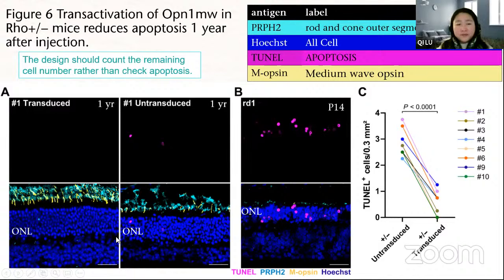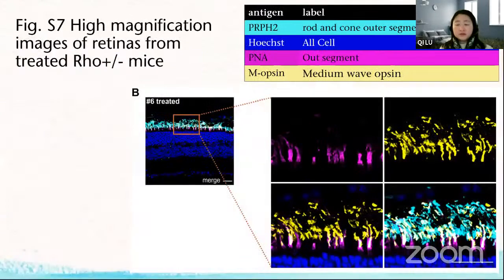Because they do the injection at P14, I think maybe 2 weeks or 1 month after injection would be better to examine the apoptosis condition. 1 year old is really too long, because by then those dying cells have already died. They cannot be stained by TUNEL. Everything is being removed by microglia, those immune response cells.